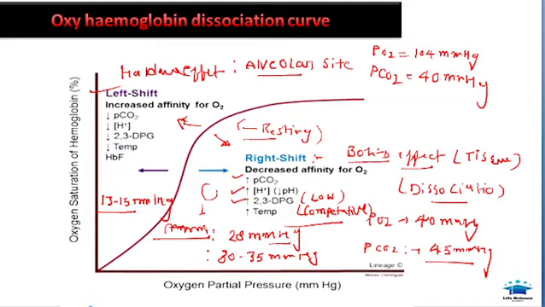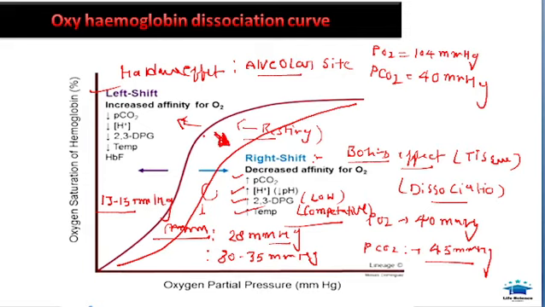Where oxygen gets bound, at that place 2,3 BPG can bind with hemoglobin, and the temperature increases. When all these factors occur, the normal curve shifts toward the right.